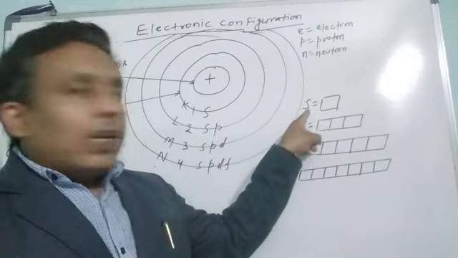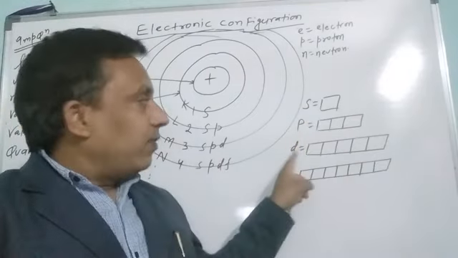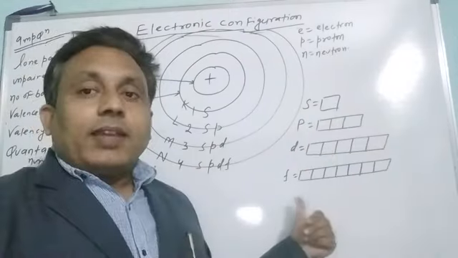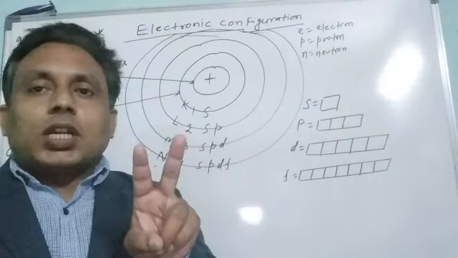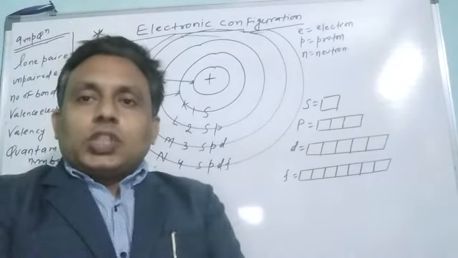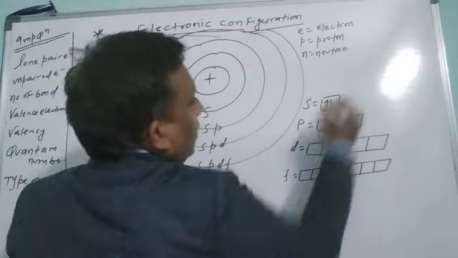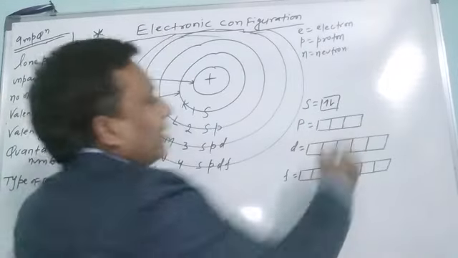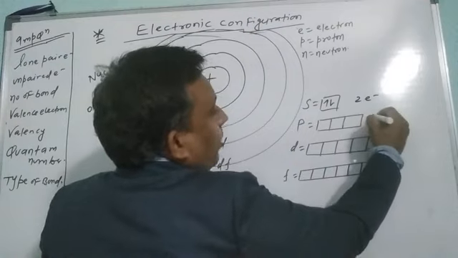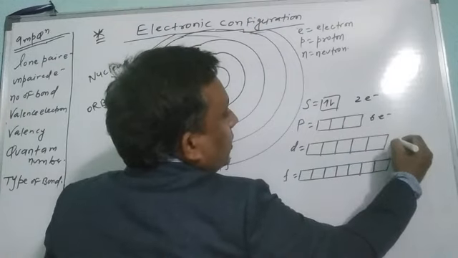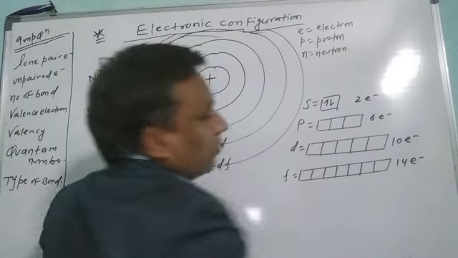So the S orbital has only one suborbital, P has 3 suborbitals, D has 5, and F has 7. Each suborbital contains 2 electrons. So in the case of the S orbital, 2 electrons are present. In the case of P, 6 electrons are present. D has 10 electrons, F has 14 electrons.